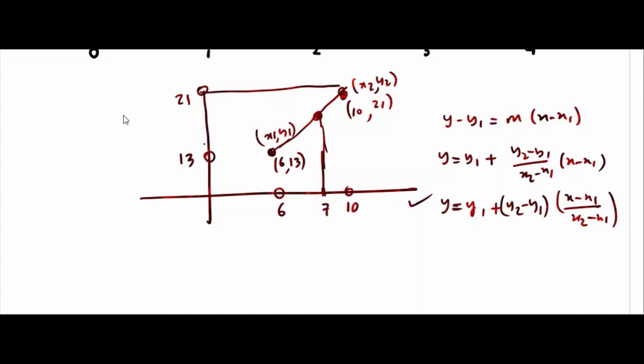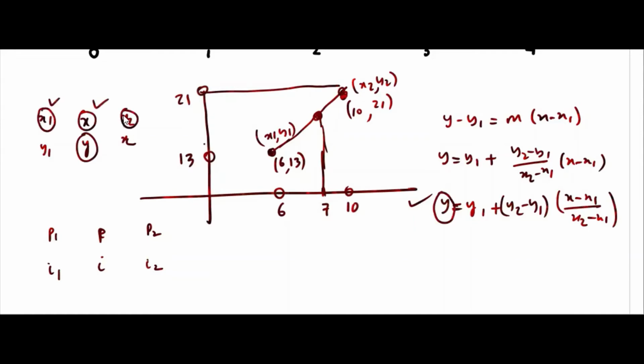What we do here is, normally we talk about P1, I1, this is price, this is an interest rate, this is another interest rate, and this is I, this is P. Comparing to the points x1 y1, x2 y2, x y, normally we find y on the left hand side using these values 1, 2, 3, 4, 5.